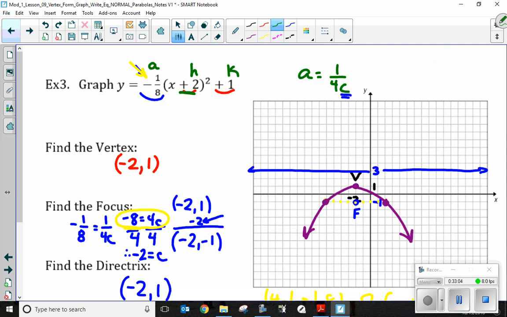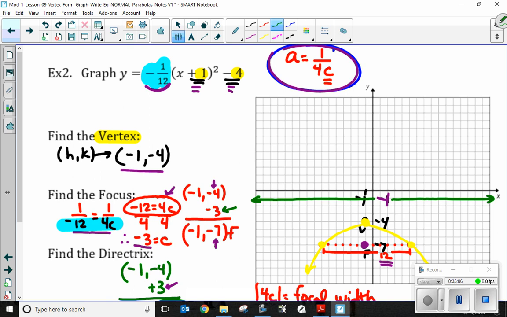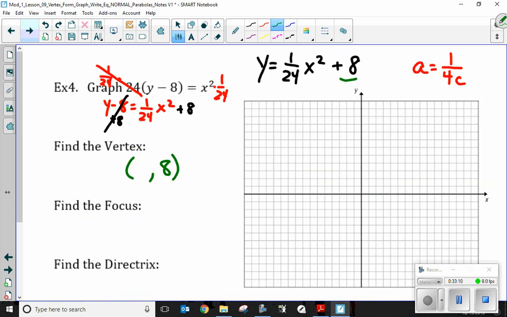There was an h in the parentheses here with the x. But if I look here, I don't see anything in the parentheses with the x. Guess what? I have no h. I have 0 h's. It is 0. You are good to go. So I'm going to plot this point, 0, 8.